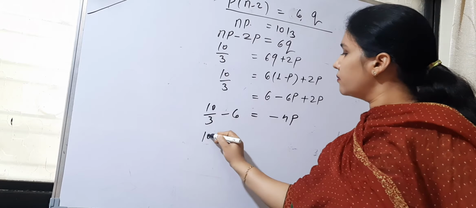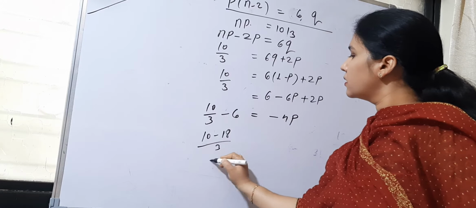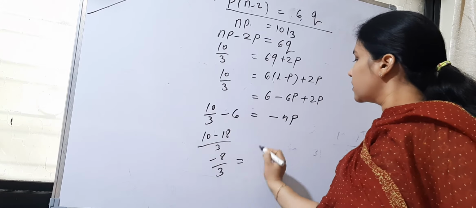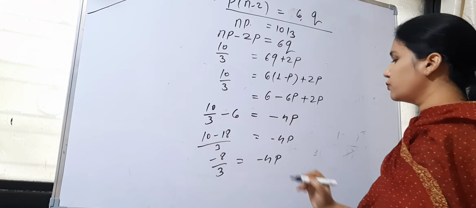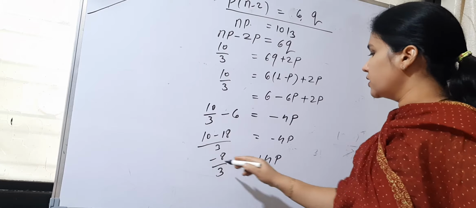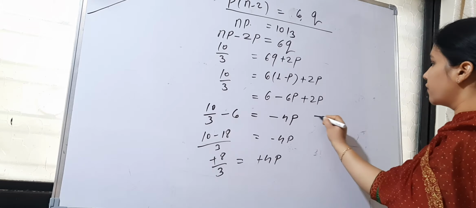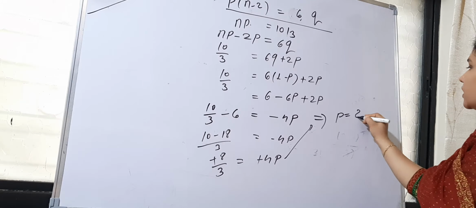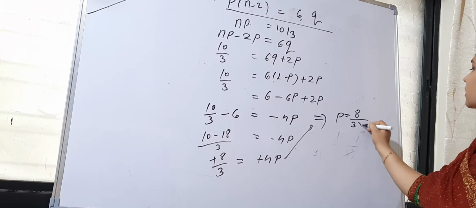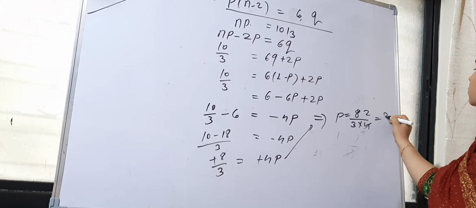Here 10 minus 18 by 3, minus 8 by 3, right, minus 4p. Now what is p? This minus and this minus will become plus. From here we can write p is equal to 8 by 3 into 1 by 4, 2 by 3. P is 2 by 3.